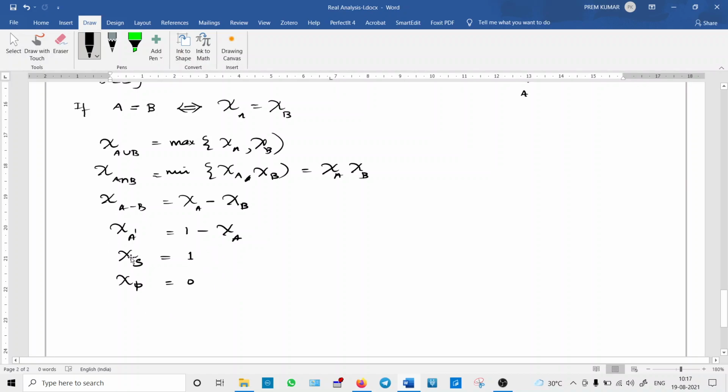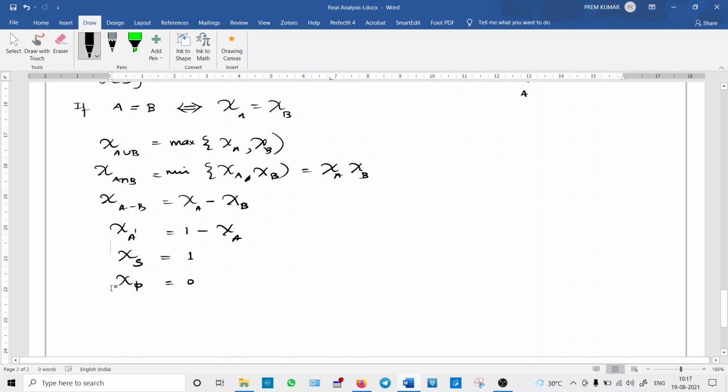If you take the full set, the characteristic function of the universal set, everything will be mapped to 1. So whatever value you take, the function value will be 1.